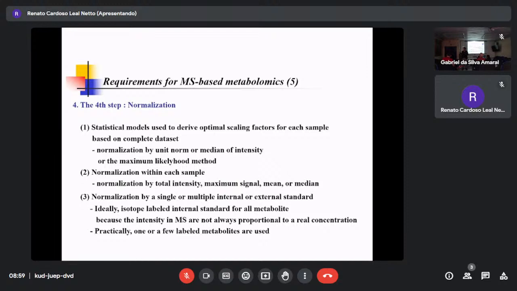Sometimes it's completely dry, 30 milligrams, but sometimes it's a wet sample that is not 30 milligrams. In that case, you have to use normalization. I explained a lot, but the basic idea is sample-to-sample variation we want to remove. Does everyone understand?